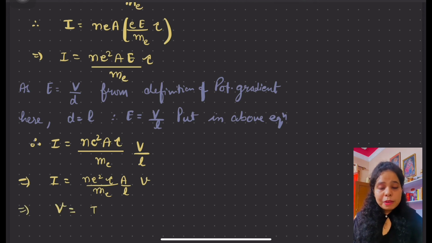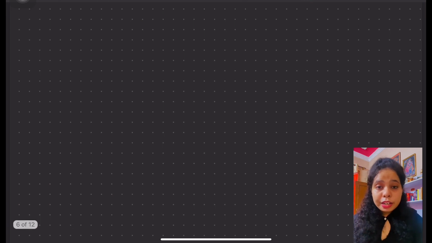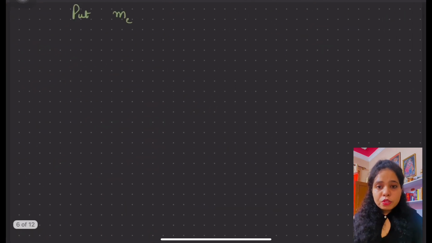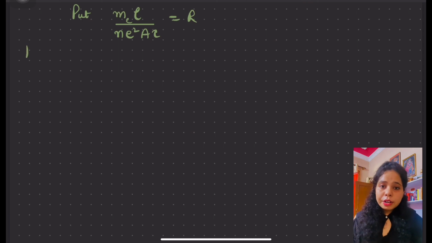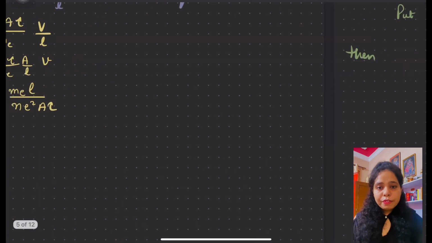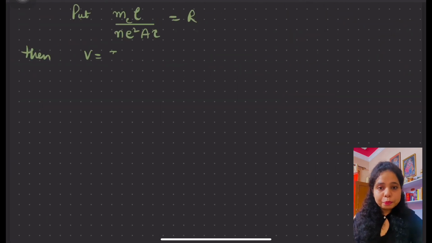Now cross multiplying this equation we have V = I into me L upon ne squared A tau. Here we need some more modification, and we put me, which is the mass of the electron, multiplied by L upon ne squared A relaxation time equal to R. When we put these things in the equation, our equation turns out to be V = IR.